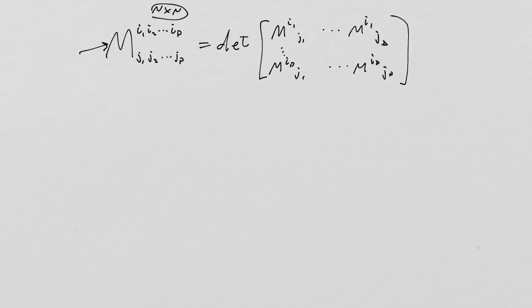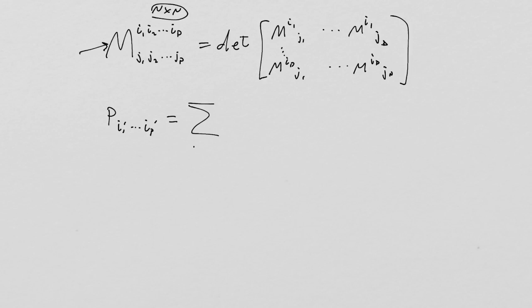So when we use this notation for our transformation, we could say P I1 prime dot dot dot to IP prime equals, let's see, how did we do this?